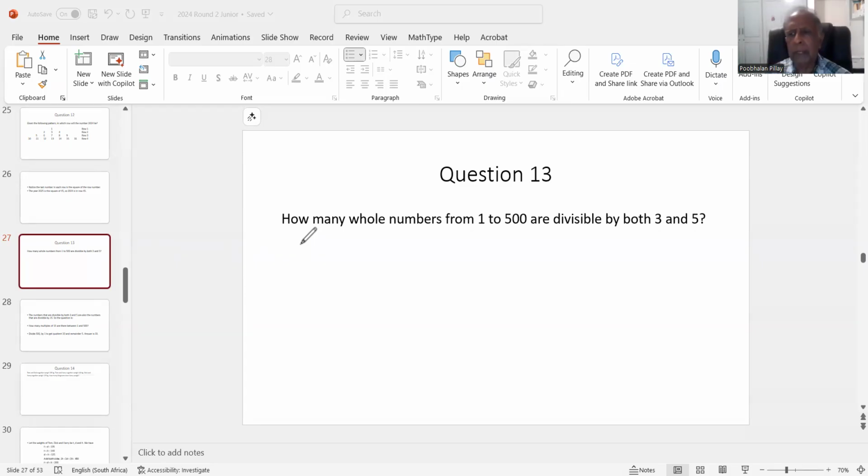Now, if a number is divisible by 3 as well as 5, then it has to be divisible by 15, because 3 and 5 have no common factors.